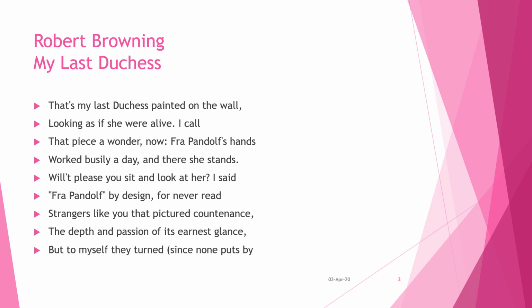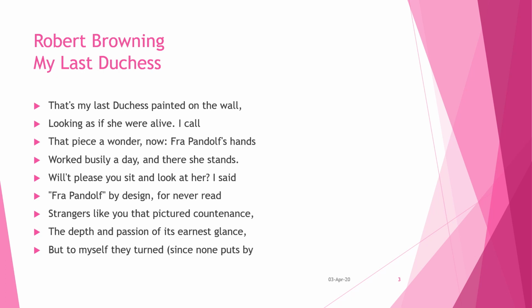That's my last Duchess painted on the wall, looking as if she were alive. Where is the stop? After the word alive. I call that piece a wonder. The next stop is after wonder.